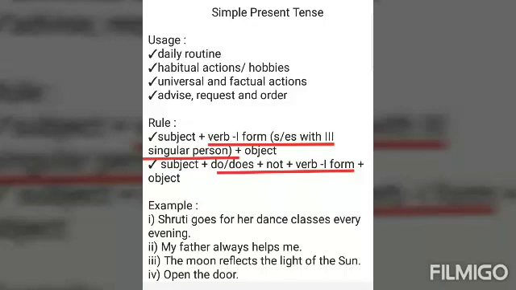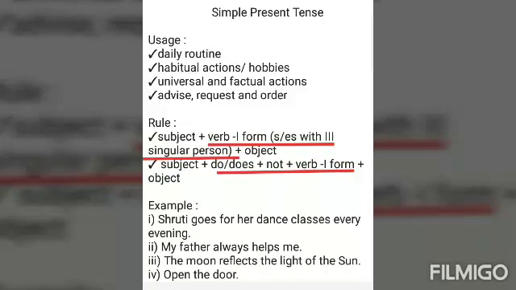Here we have examples like: Shruti goes for her dance classes every evening. My father always helps me. The moon reflects the light of the sun. Open the door. If you observe, the uses are daily routine, habitual action, universal truth or factual actions, and showing an order.